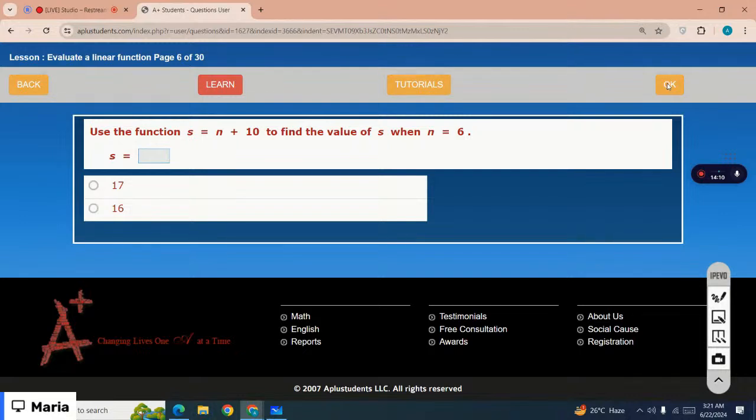The correct option is 16. Option number 1 is the correct option. Okay, you can complete the lesson by yourself later today. Let me just move on to the next lesson.